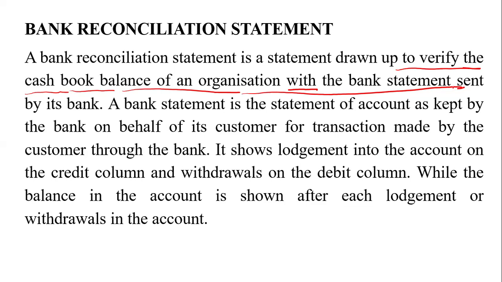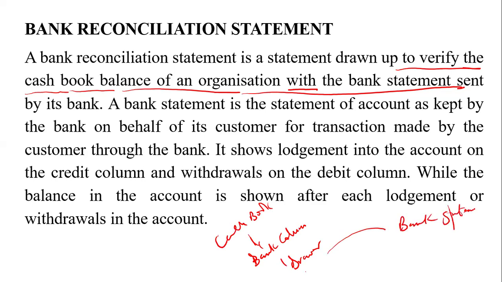Now, where the value in the cash book, that is the bank column of the drawer, is not the same as the bank statement prepared by the drawee, then there's a need to reconcile these differences.